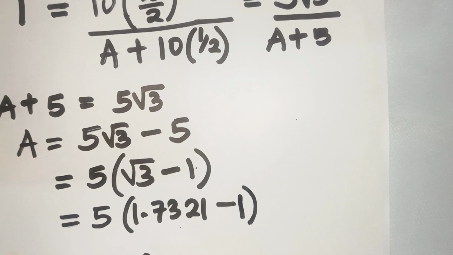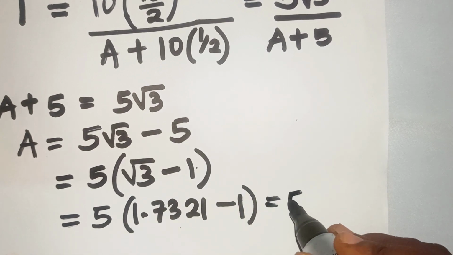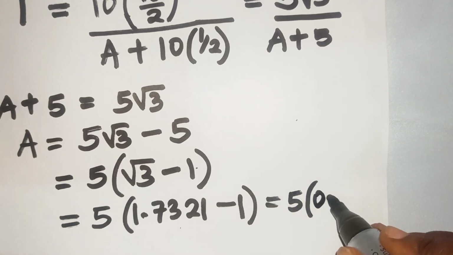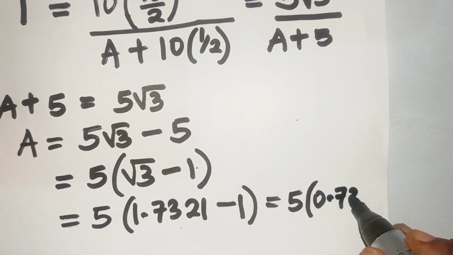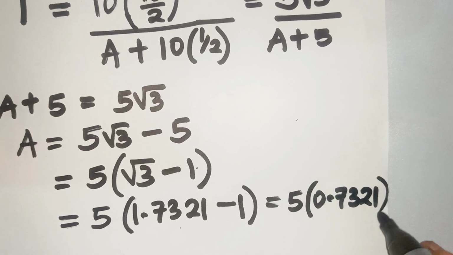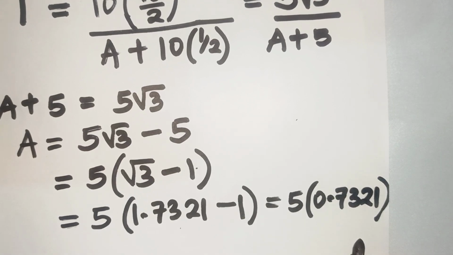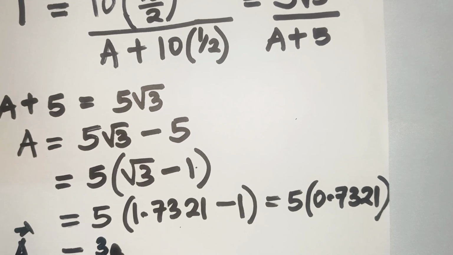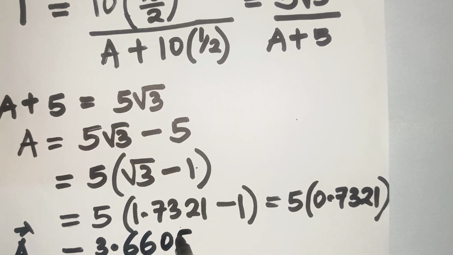So that's equal to 5 times 0.7321. So if we multiply out, we will have A is equal to 3.6605.